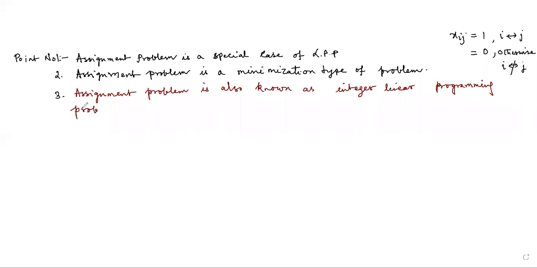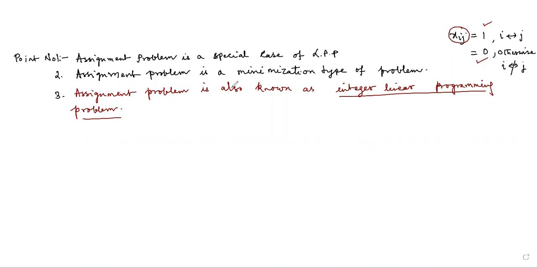Because the values which the variables take are integers, specifically either 1 or 0. But in linear programming problem, you can have fractional values also.